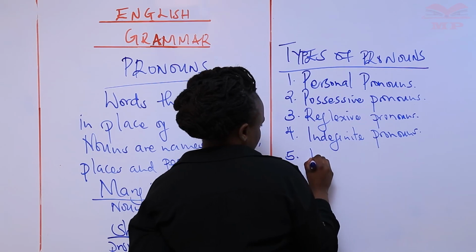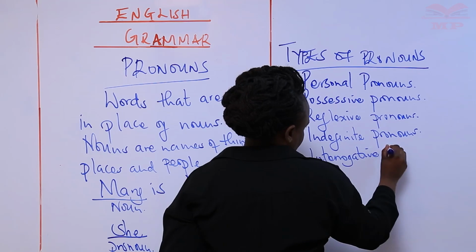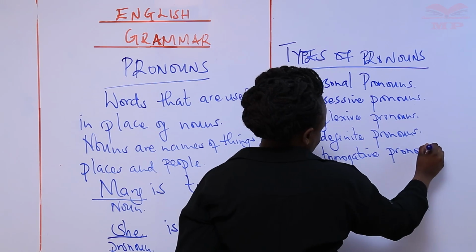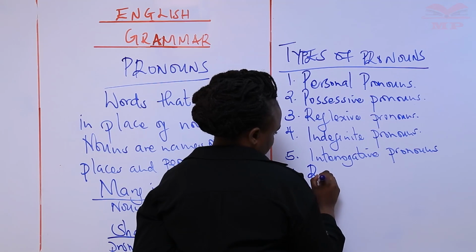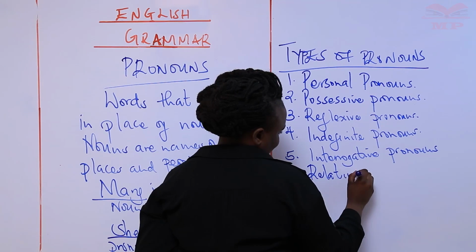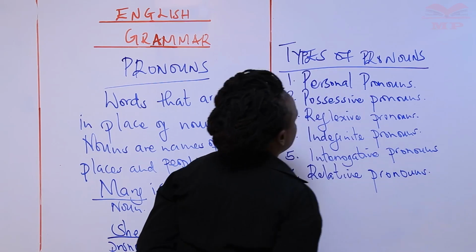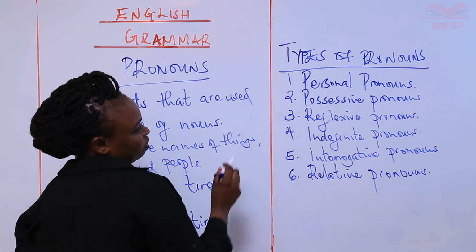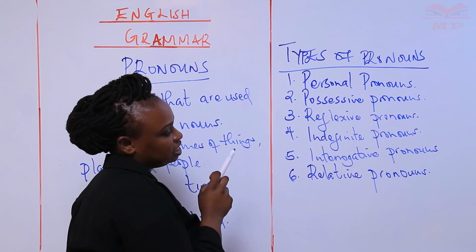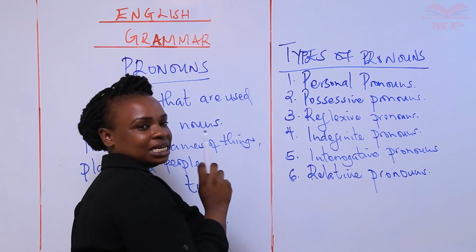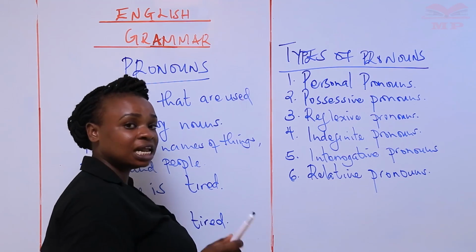Number 5, we have interrogative pronouns. Number 6, we have relative pronouns. So number 1, we have personal pronouns. Number 2, possessive pronouns. Number 3, reflexive pronouns. Number 4, indefinite pronouns. Number 5, interrogative pronouns. And number 6, we have relative pronouns.